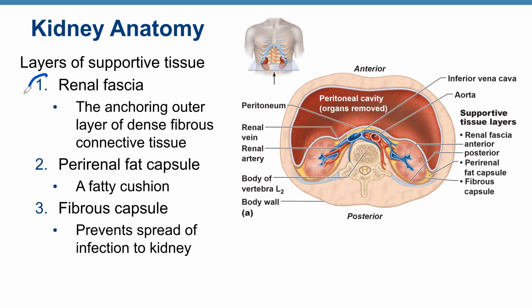Renal fascia is the anchoring outer layer of dense fibrous connective tissue. Perirenal fat capsule is a fatty cushion, and fibrous capsule is the deepest layer of those coverings that prevents spread of infection to the kidney.